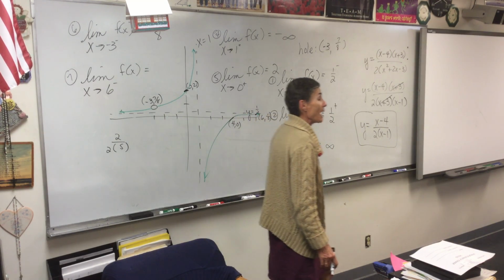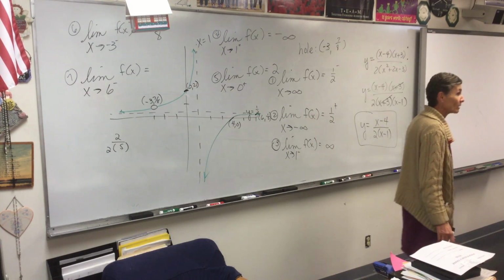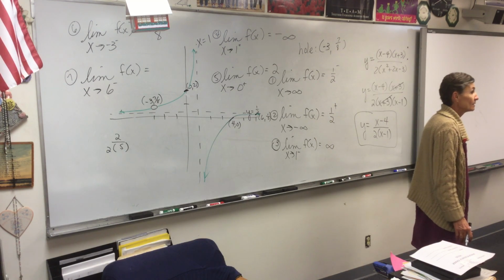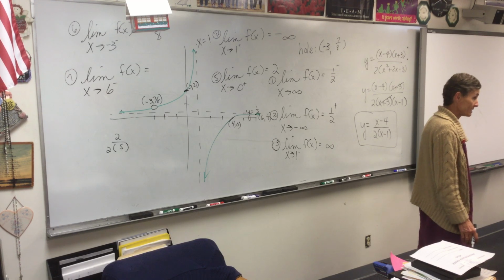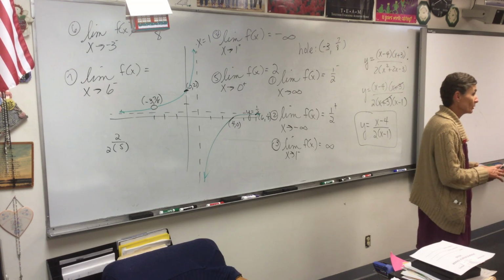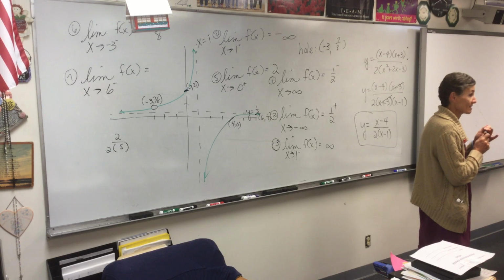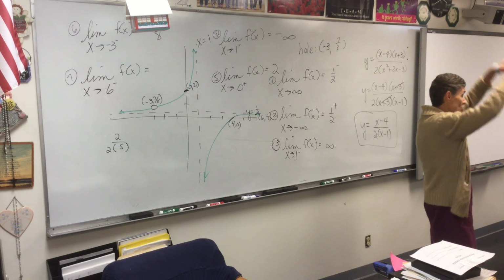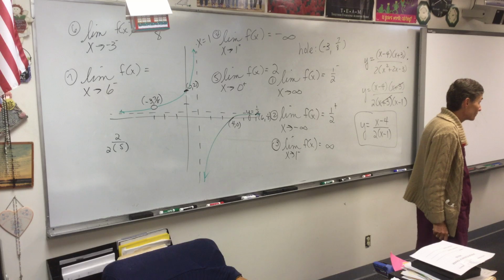Limit values at points are the y coordinate, okay? You can always find it, plug in x. The only time it's an issue is if it's an asymptote. And then it's either going to be shooting up or down, right?